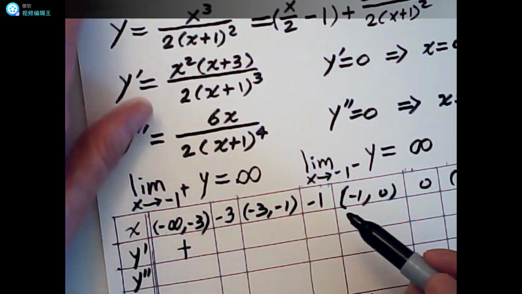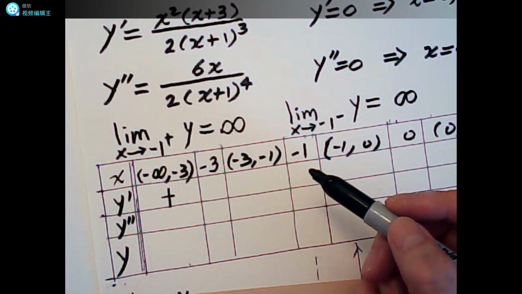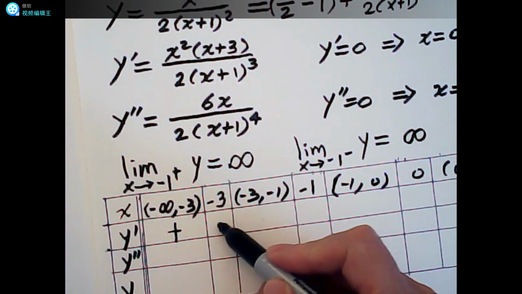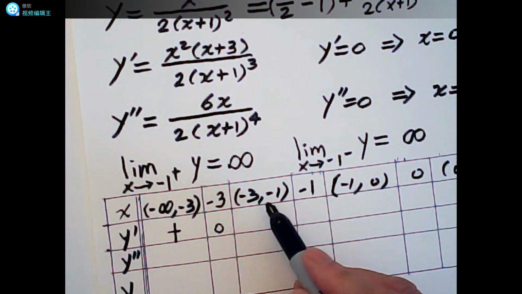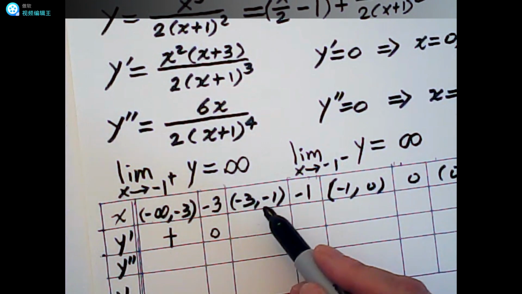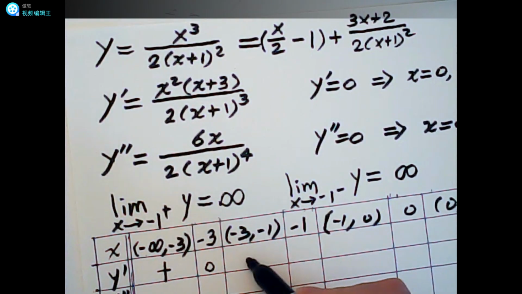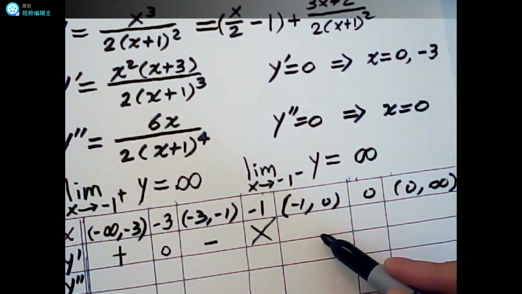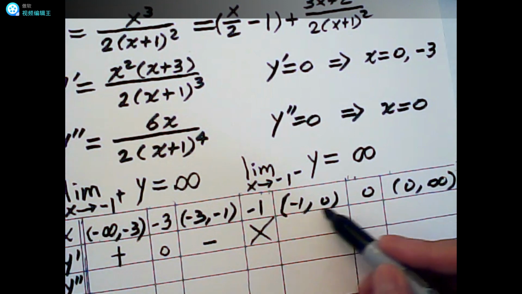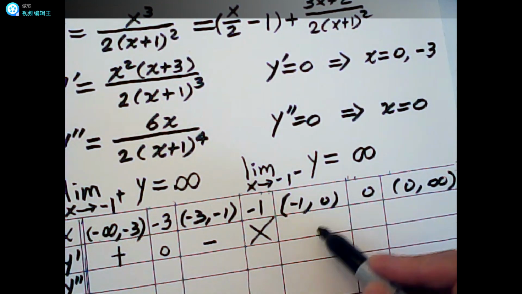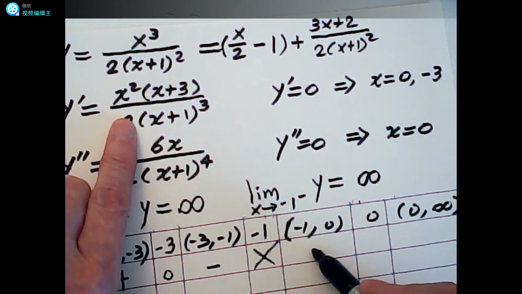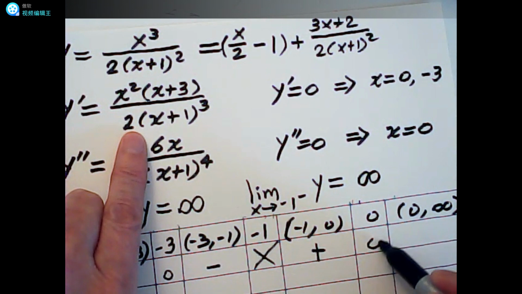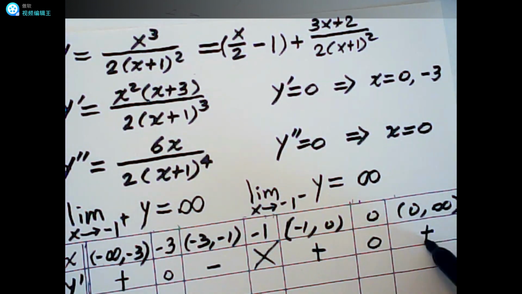We just need a sign, we don't need a value. When x equals minus 3, it is 0. In this one, we pick a number, say minus 2, and put it here, you get a negative. At negative 1 it is not defined. And pick say minus 0.5, into the derivative, then we get positive. And this is positive, this is positive.